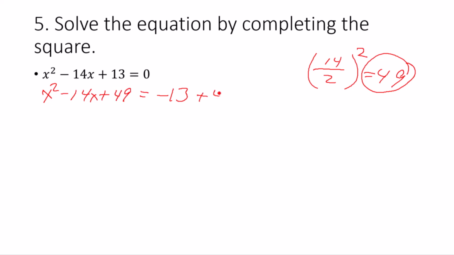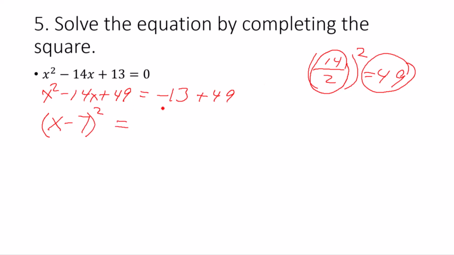Remember, you add it to both sides. Now on the left side, what square have we completed? We've completed x minus 7 quantity squared. Remember, the 7 comes from the number you got when you divided by 2.